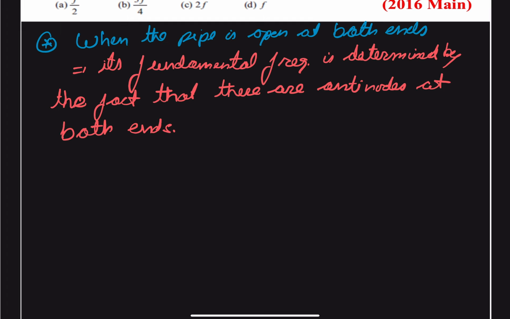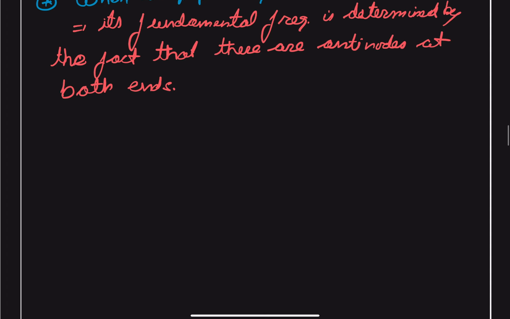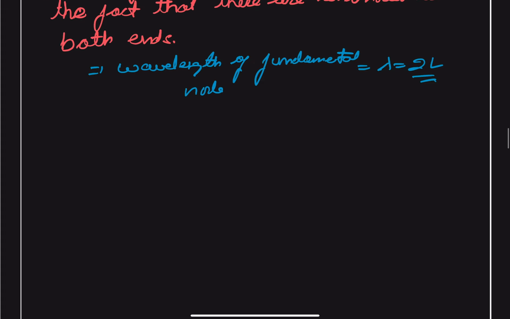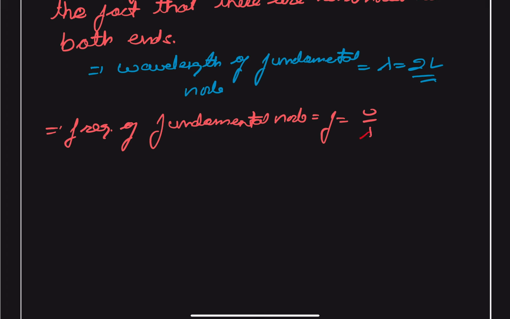So in that case, we can say that the wavelength of the fundamental node, lambda, will be equal to 2 multiplied by L, and the frequency of the fundamental node, f, will be equal to v upon lambda, and this gives us v upon 2L.